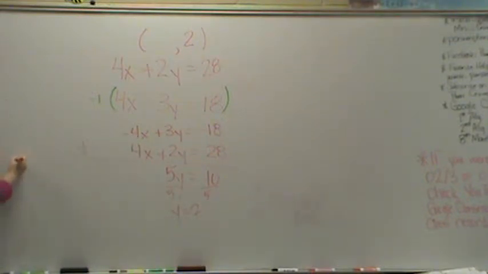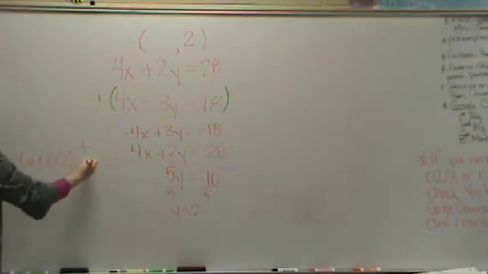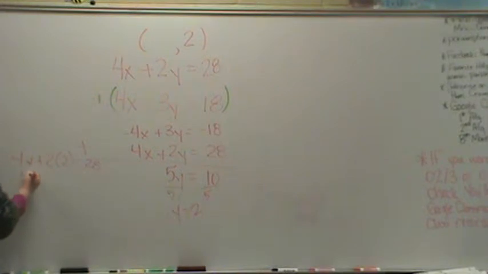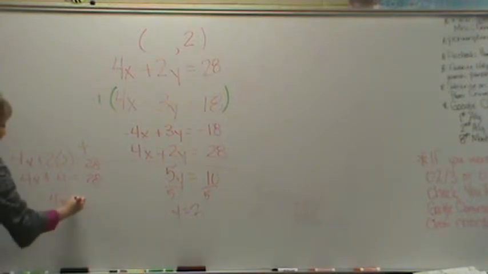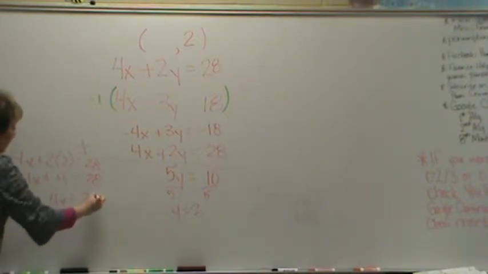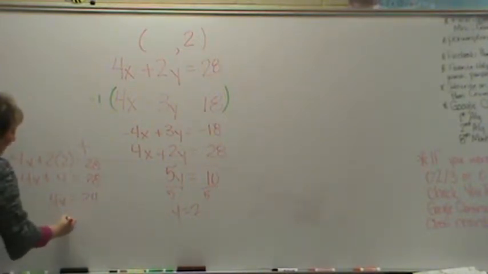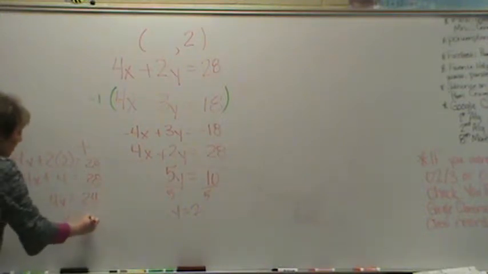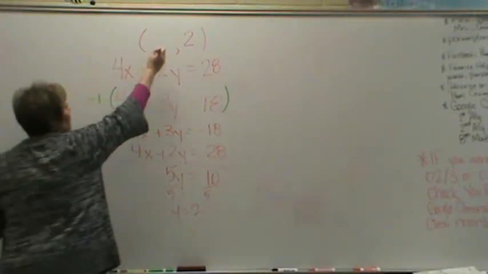I'm gonna take the top one since I took the bottom one last time. 4x plus 2 times 2 equals 28. 4x plus 4 equals 28. Subtracting 4 from both sides gets me 4x equals 24. Dividing by 4 gets me x equals 6.